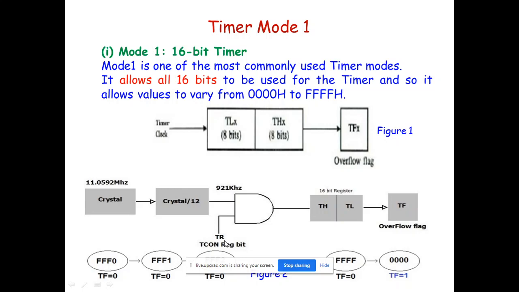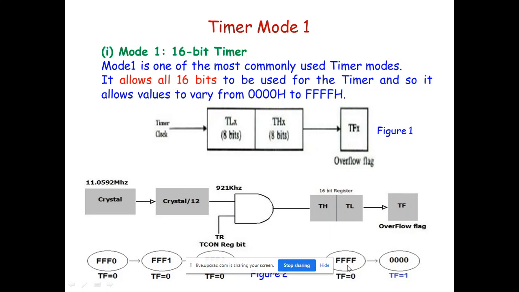These clock pulses are there, but they do not reach the timer until you give the start command. When you set bit TR1, one input of the AND gate becomes 1, and the AND gate passes these clock pulses to the timer section, and the timer starts counting from the initial value that you calculated and placed here. The timer counts up to the maximum value, FFFF.